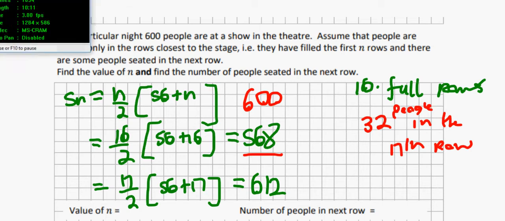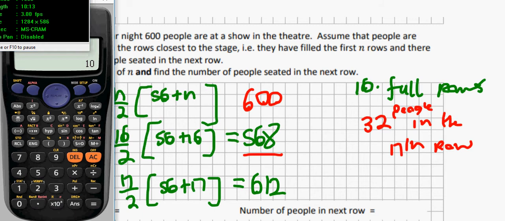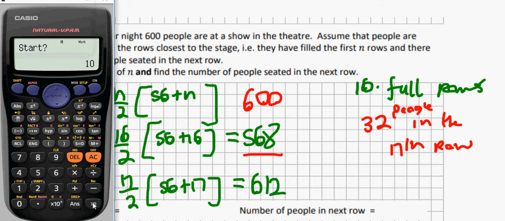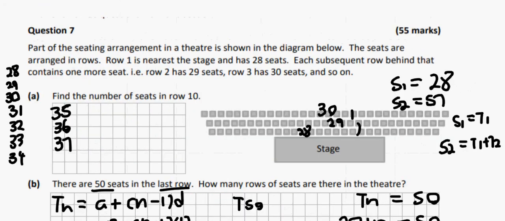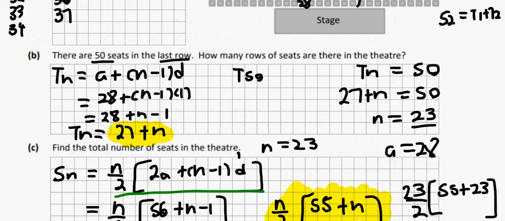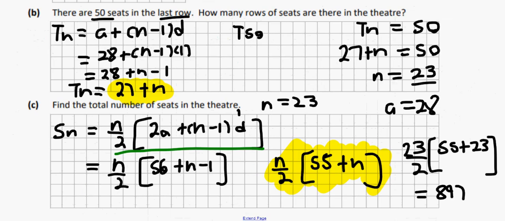Yes, sir? Where did you get the 6? Sorry, guys. As it turns out, I had 55 plus x, so I'm just going to go over this one more time. Oh, wait. It's 55 because you minus the 1 first. It is 55, isn't it? Yeah, because you minus the 1 first. Oh, sorry, it is 55. Sorry, my fault.